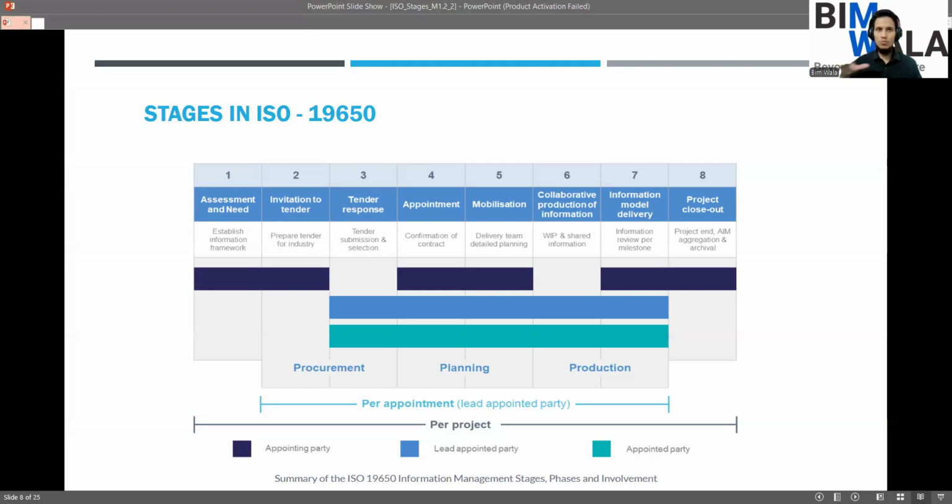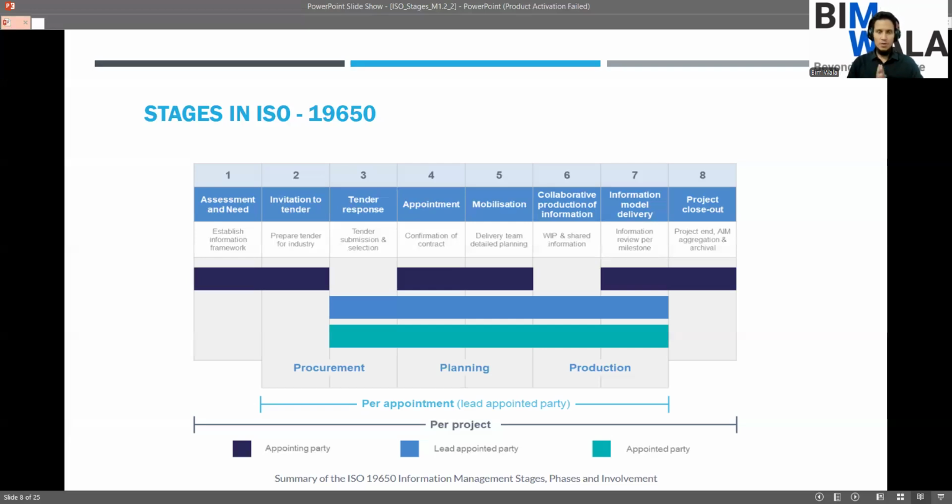They will go through that EIR document, and in response to that, they are going to prepare a BIM execution plan, known as BEP. By the way, there are two types of BIM execution plans: pre-appointment and post-appointment.